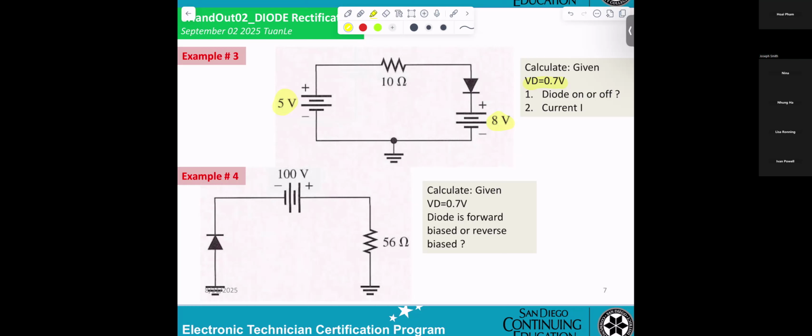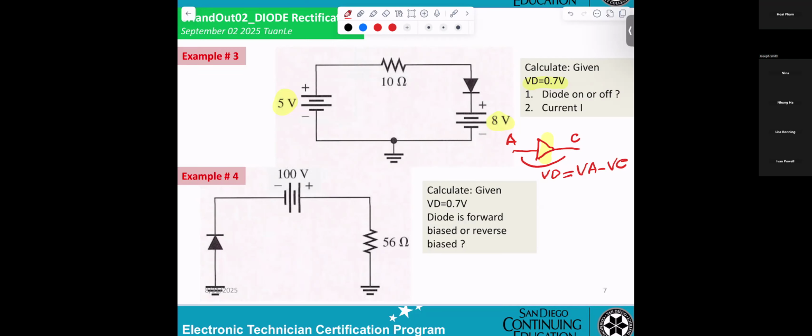Now, before you say diode on or off, you need to know, that's A, that's C. We call the diode voltage VD equal to VA minus VC.